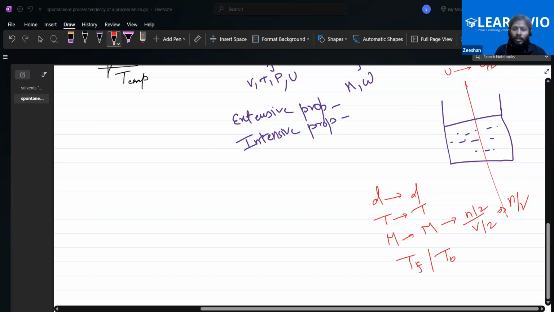Let's assume that it melts at 0 degrees Celsius, and you take out one scoop of it. Will it melt at 0 degrees Celsius, or 1 degree Celsius, or minus 1 degree Celsius?